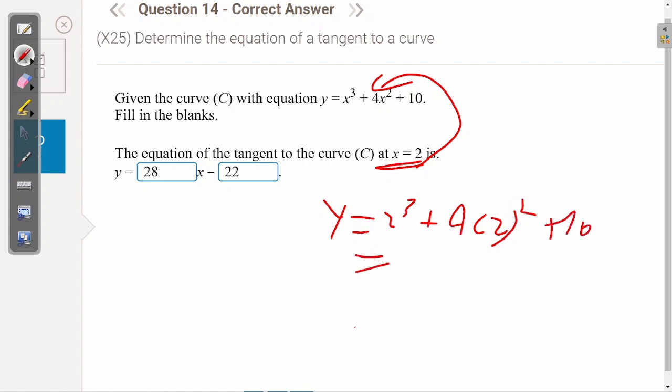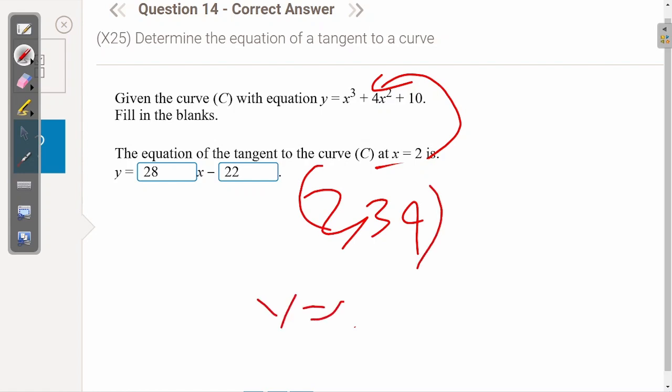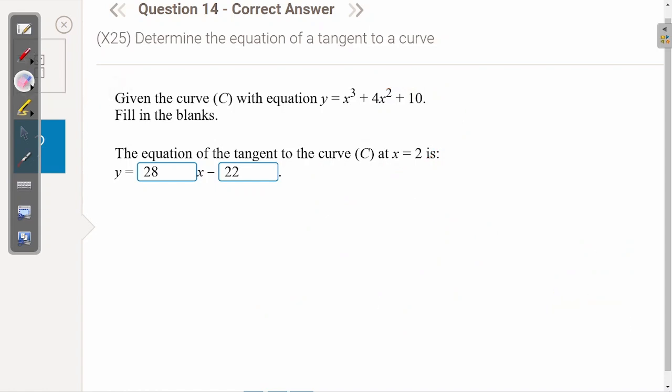You'll get 8 plus 16 plus 10, you get 34. So now the point is (2, 34). You substitute this in y equals 28x plus b. So 34 equals 2 times 28, 56 plus b. You subtract this, b equals negative 22. So you get the equation y equals 28x minus 22.